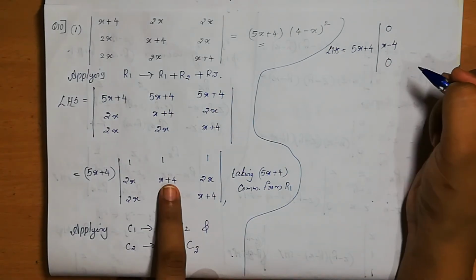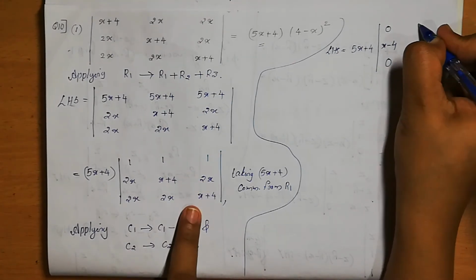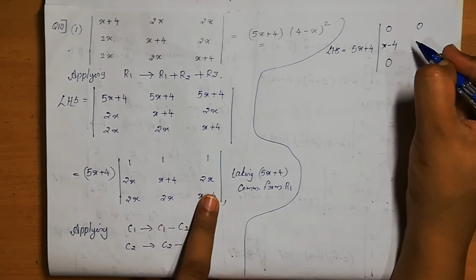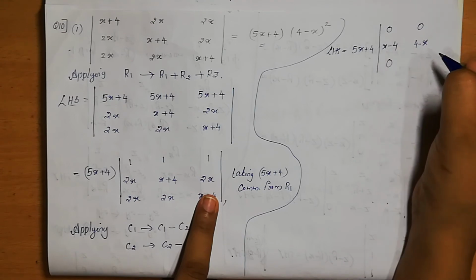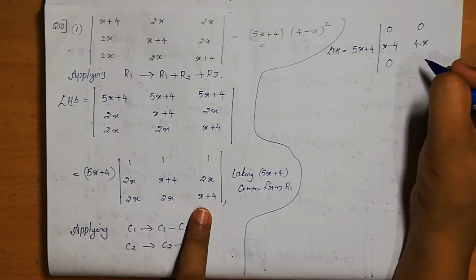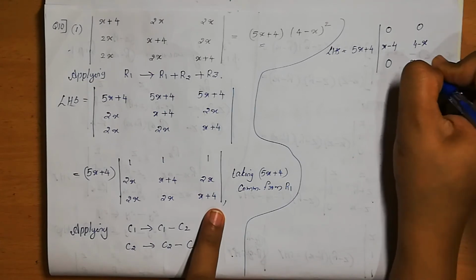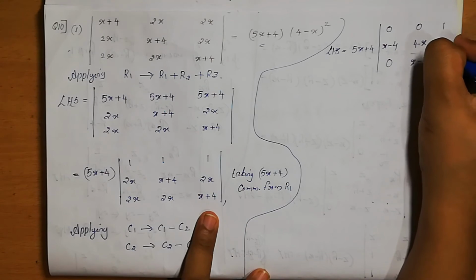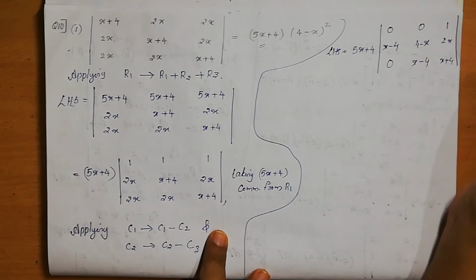Next C2 minus C3: 1 minus 1 is 0, x plus 4 minus 2x, that means 4 minus x. Next 2x minus x is x minus 4, then C3 there is no change: 1, 2x, x plus 4. This is the change we applied over here.